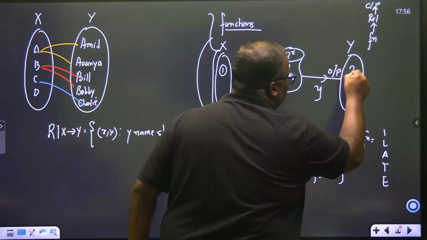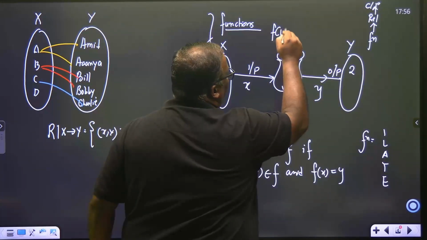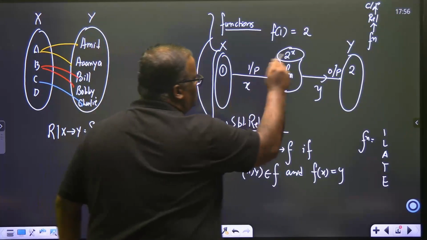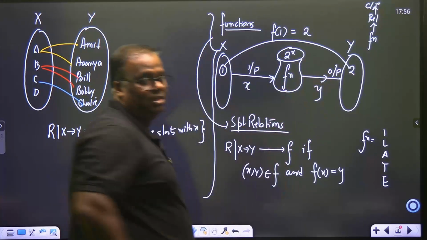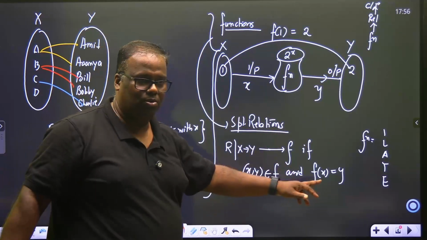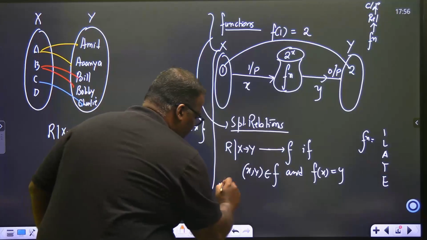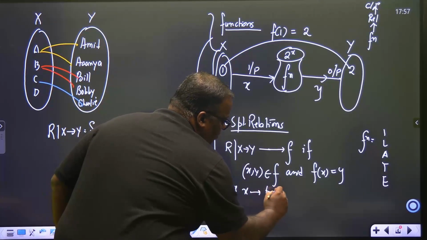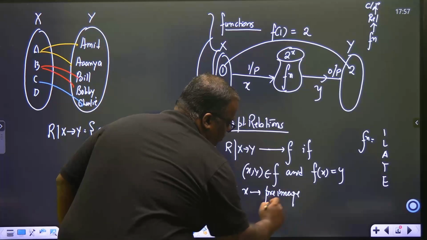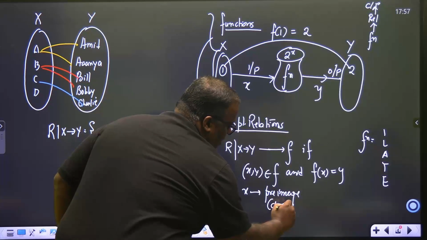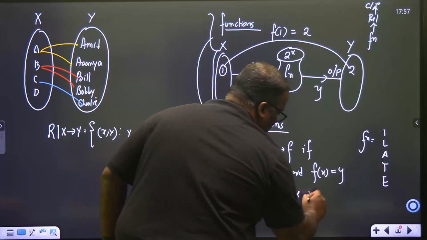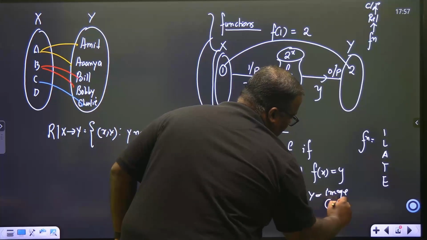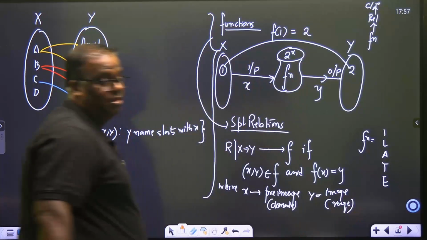Then you should have a 2 out here, such that f(1) is equal to 2. Based on this function, this is my mapping. Is this clear? f(x) is equal to y, where x will always be known as the pre-image, or you can also call it the domain, and y will be known as the image, and I will call it the range of the function.